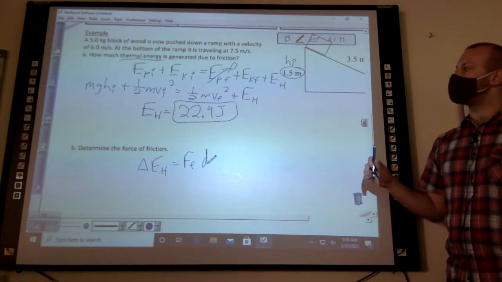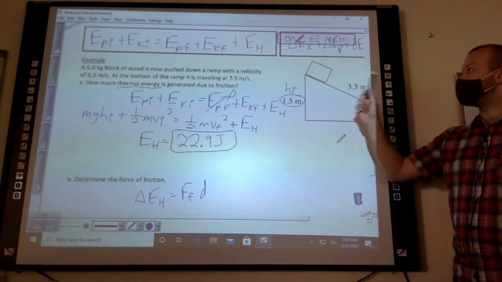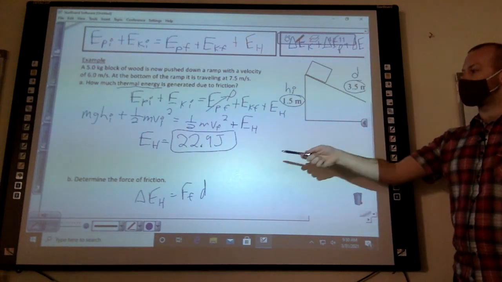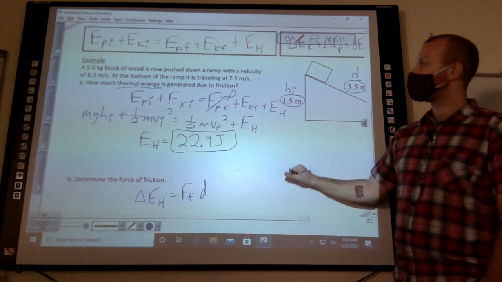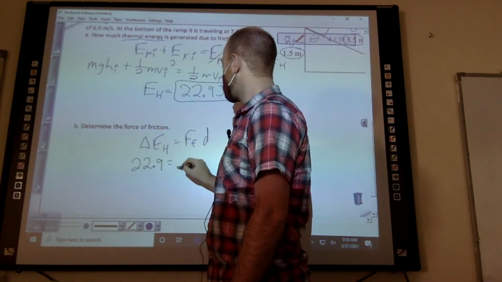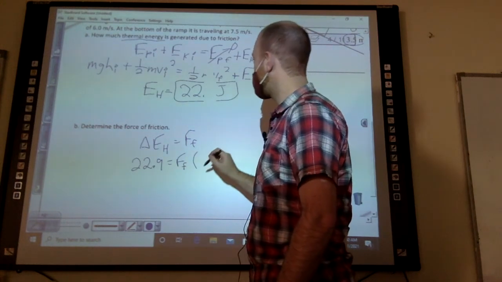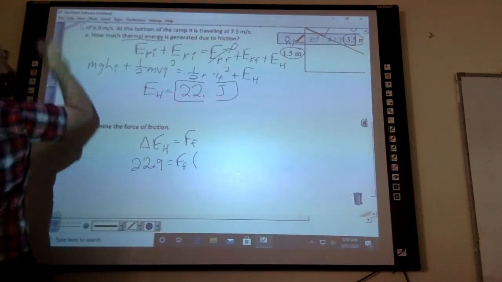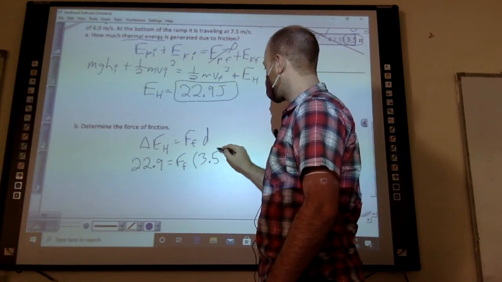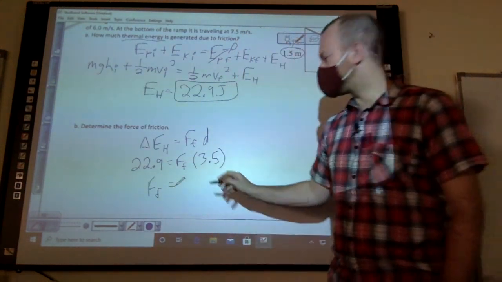What's the distance that this heat or the friction force is being applied over? 3.5. So here's where the number comes in. This comes in for the distance that we're using down here. And then we just solve it. So we got 22.9 equals force of friction times 3.5, right? Calculate that, 6.5.